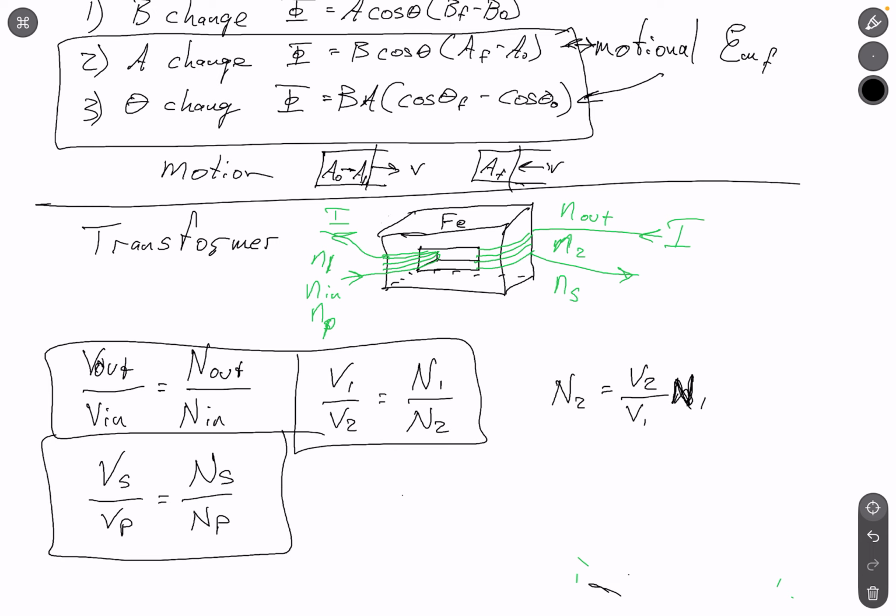Now, you can use V equals IR to come up with the equation for I and N, because your resistance is going to be the same, okay? So your I is equal to V over R. And now we can substitute in.